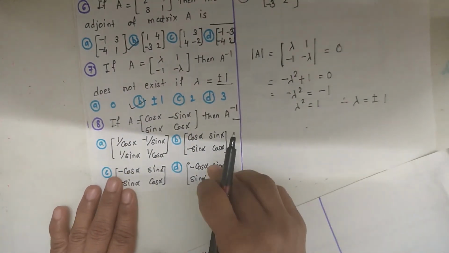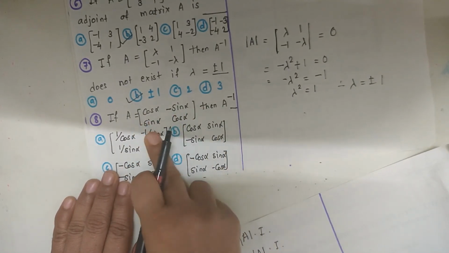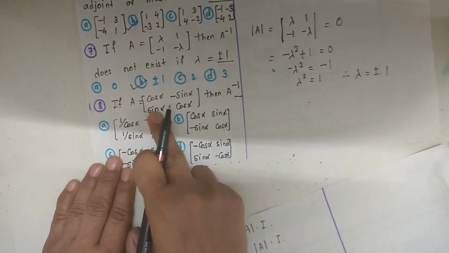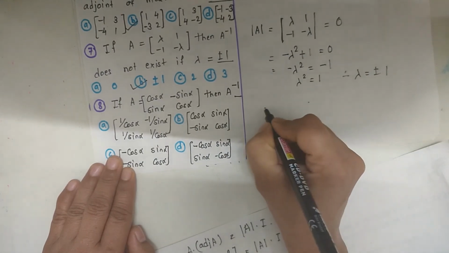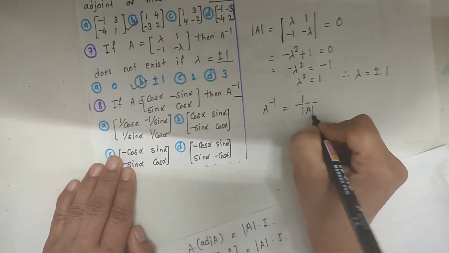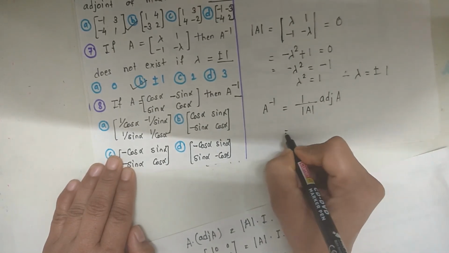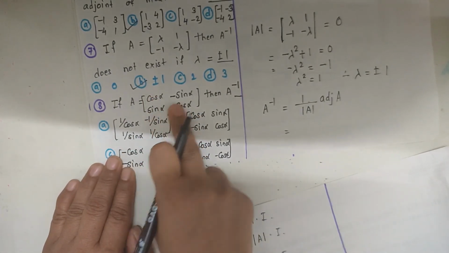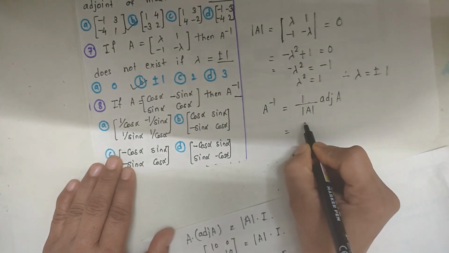Now the next MCQ. If A is equal to the matrix cos alpha minus sin alpha and sin alpha cos alpha, then find A inverse. We know the formula A inverse is equal to 1 upon determinant A into adjoint A. The determinant of A is cos square alpha plus sin square alpha, which is 1.